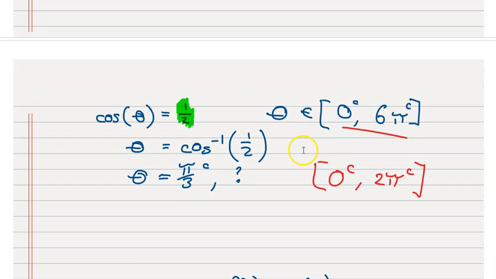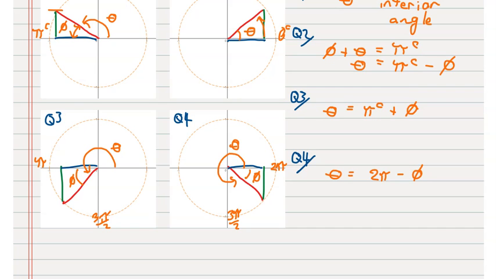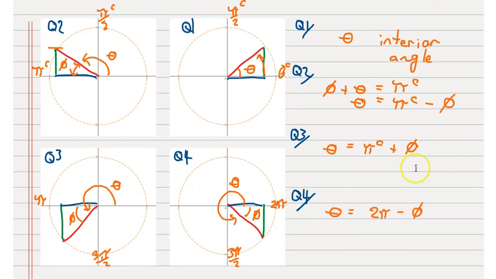Now, going back to our previous video, we derived the relationship between the interior angle and the exterior angle geometrically, by looking at the way in which the triangle moved around the unit circle.